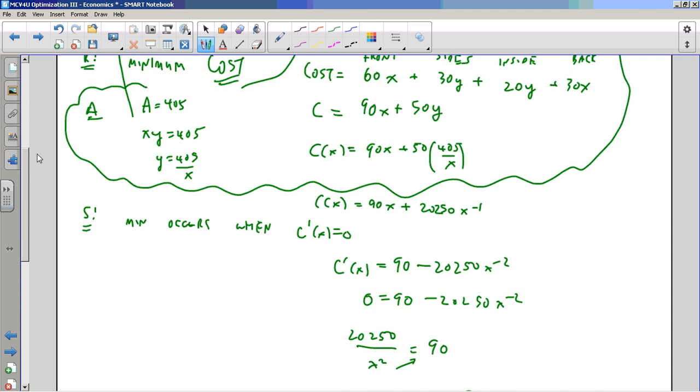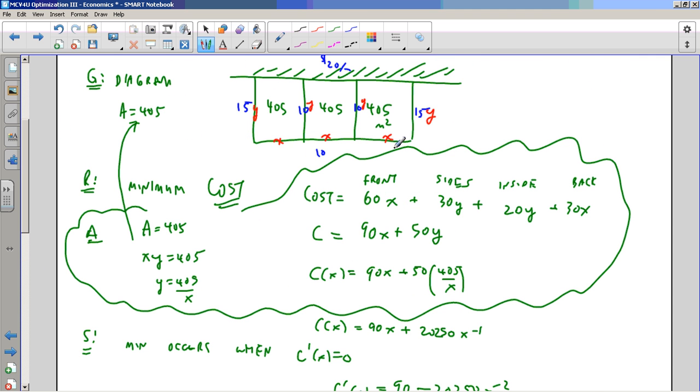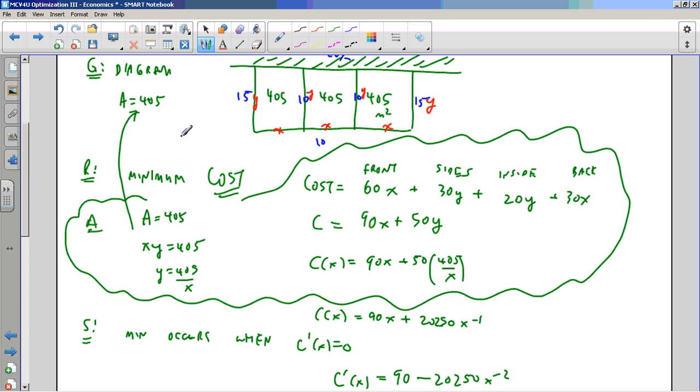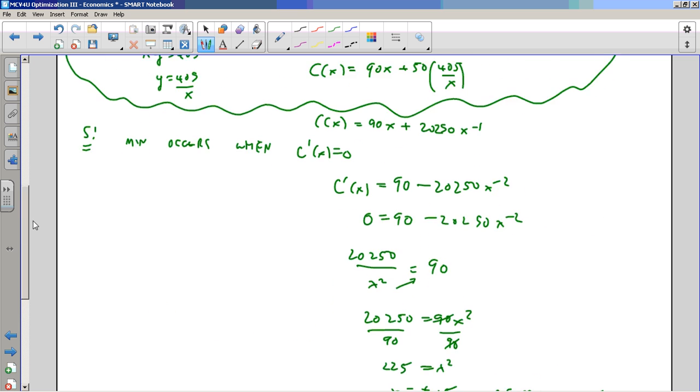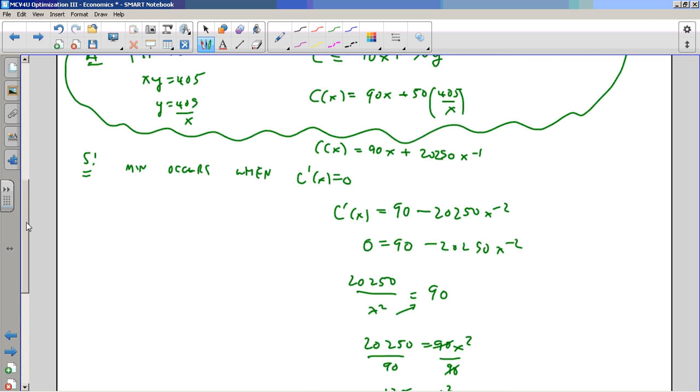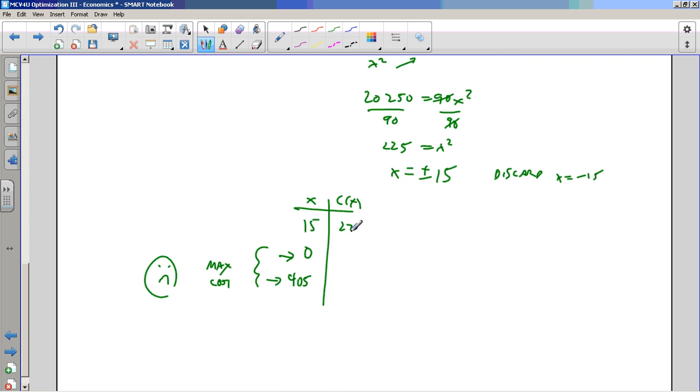Could X be, no, it couldn't be 405. It could be 405 divided by 3. Could this be 405 and this be 1 meter? Maybe, but that seems a bit silly. It's going to be pretty expensive. We know that these will give the maximum costs here. So again, dismissing those a little bit. But here, what's the cost? You put that into your calculator, back into the original function, and you get a cost of 2,700.